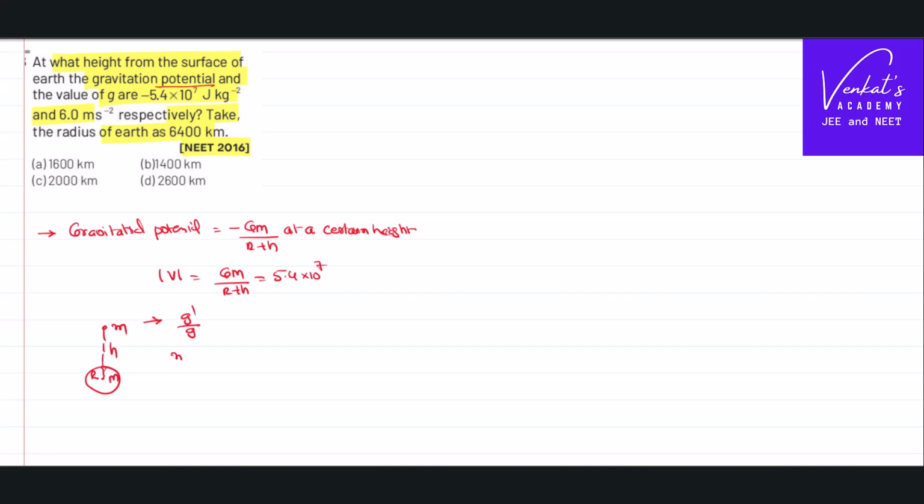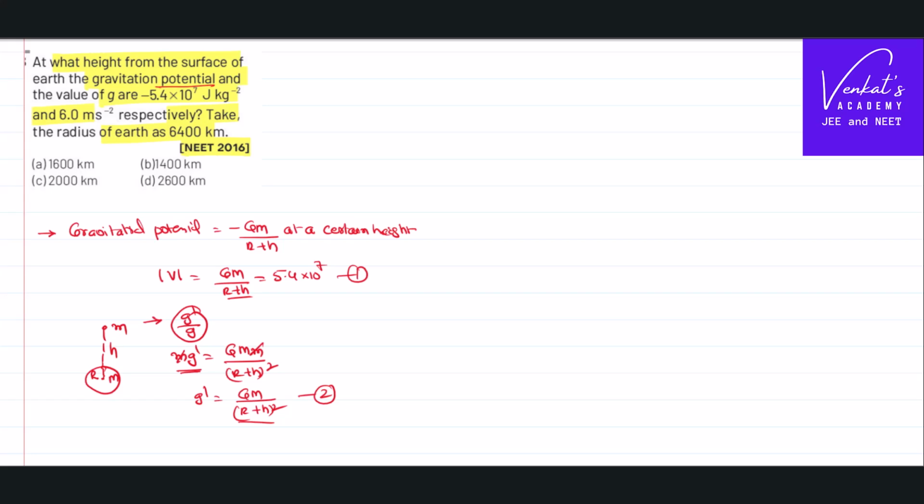Then the weight acting is due to the gravitational force GMm by r plus h whole square, and m will cancel. I'll call this mg dash because it's at a certain height. So g dash equals GM by r plus h whole square. Now I know V, I know g dash.